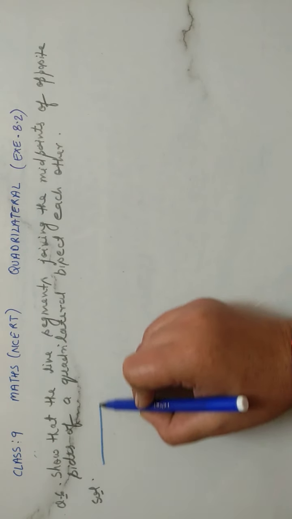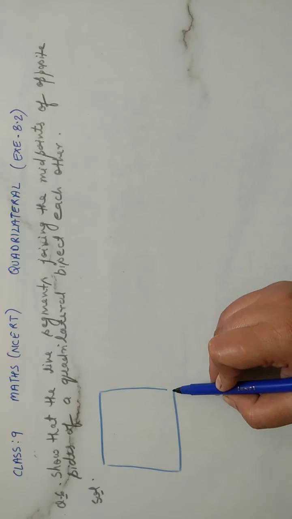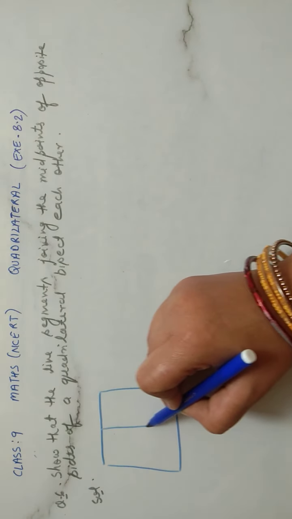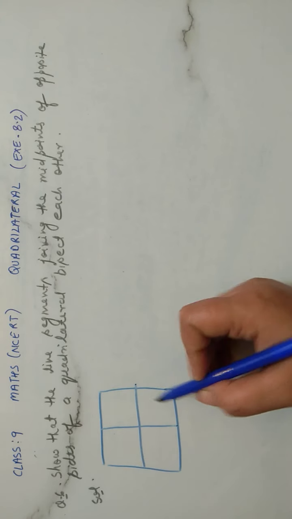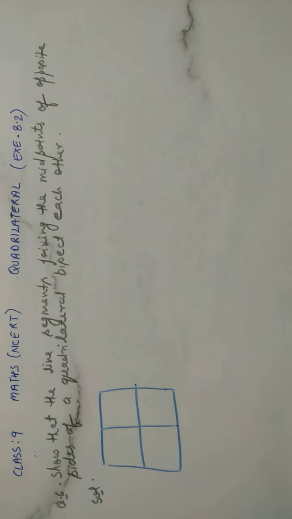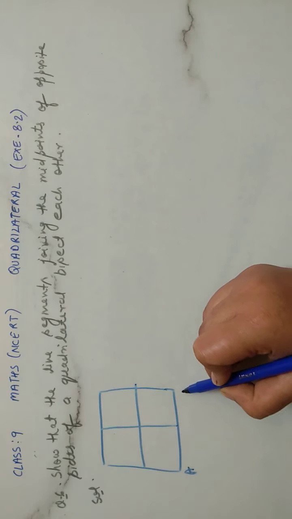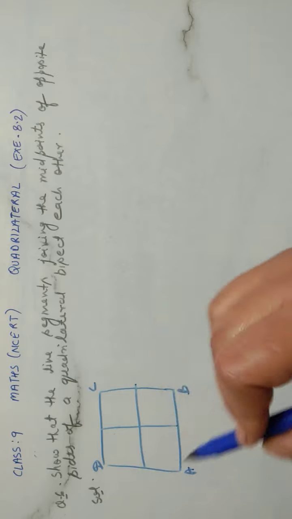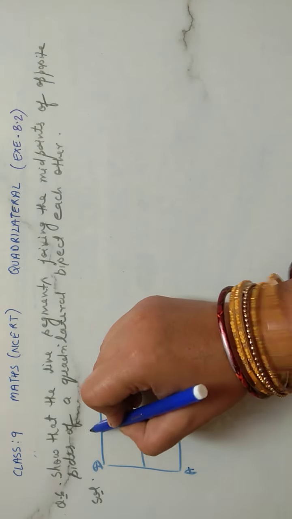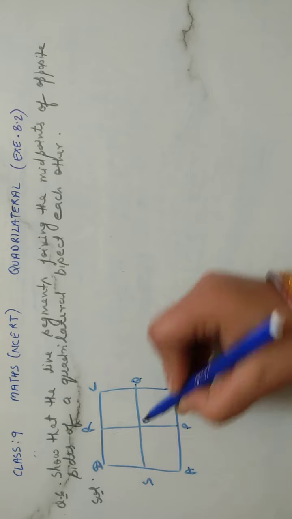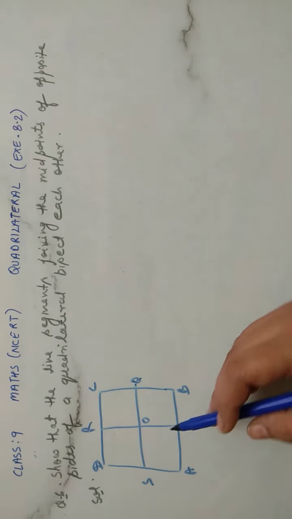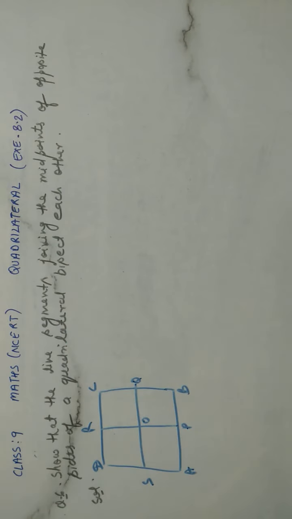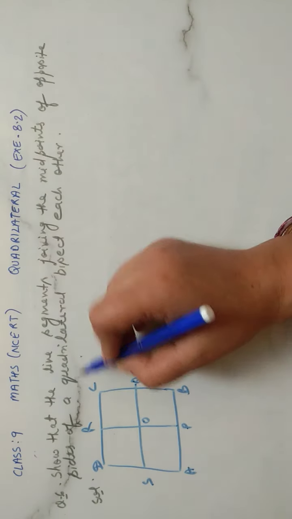Just see how we will draw the diagram. If the quadrilateral is ABCD, the midpoints are P, Q, R, S, and the intersection point is O, then we have to prove that OP is equal to OR and OQ is equal to OS. Just see how we will solve it.